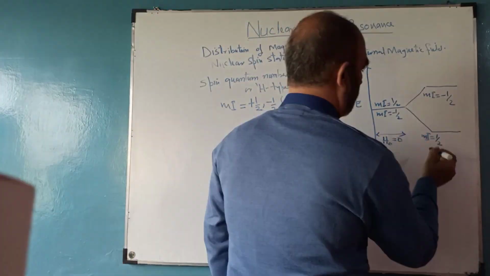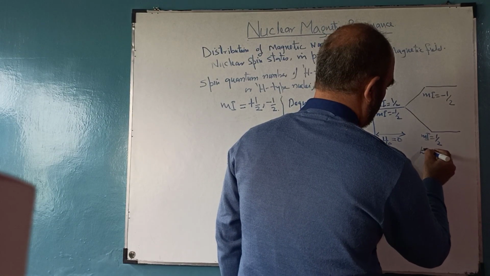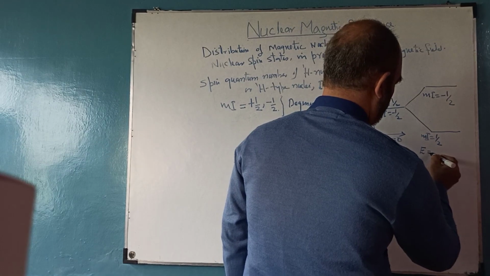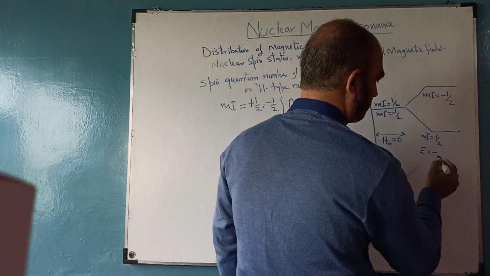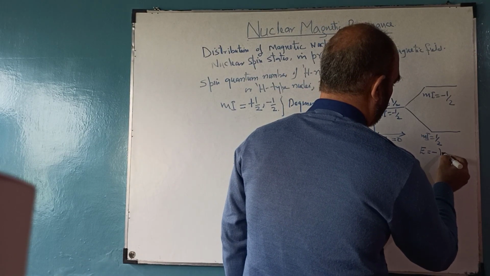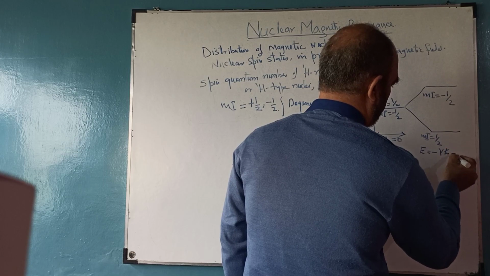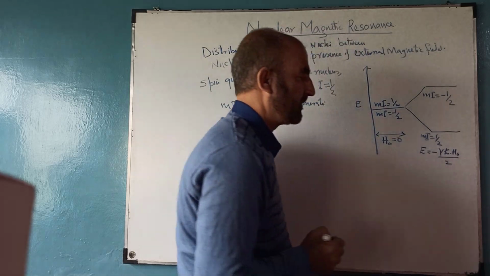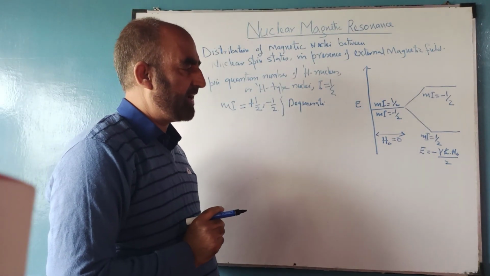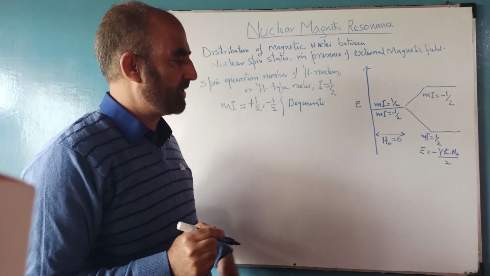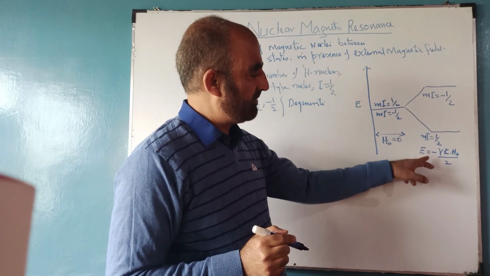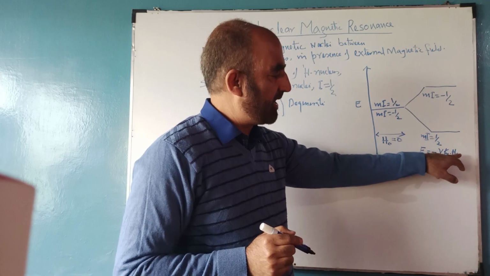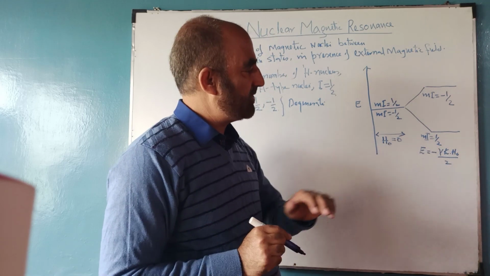The energy of this spin state will be equal to minus gamma h bar H naught divided by 2, because its Mi value is plus 1 by 2, so the overall energy expression will be minus gamma h bar H naught divided by 2.